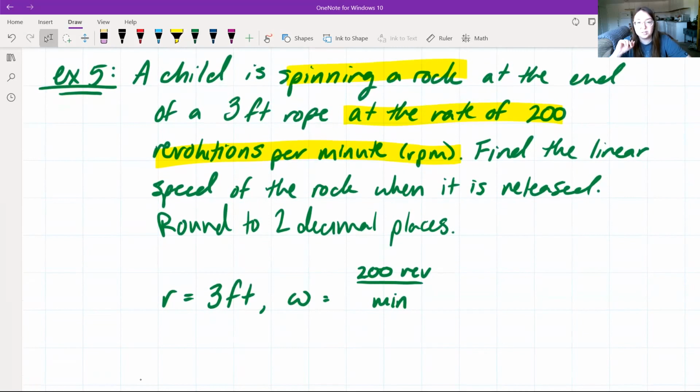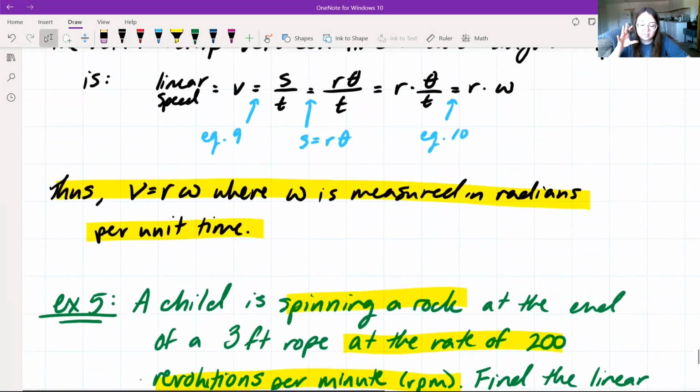So if we have 200 revolutions per minute, we know that 1 revolution is the same as 2 pi radians. So this simplifies to 400 pi radians per minute. So now we have the right units of time for our angular speed, since omega is measured in radians per unit time.